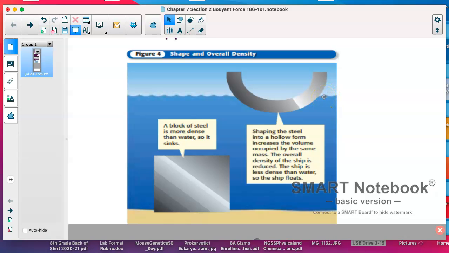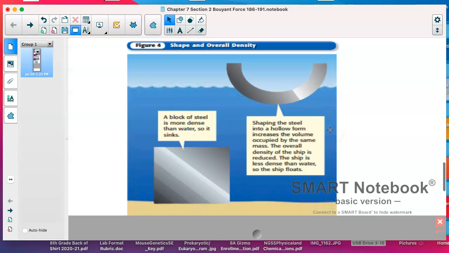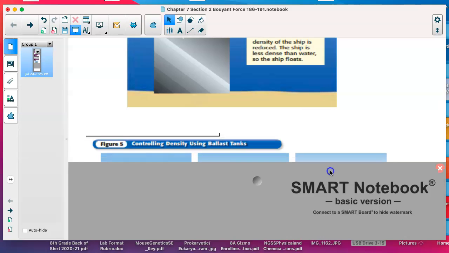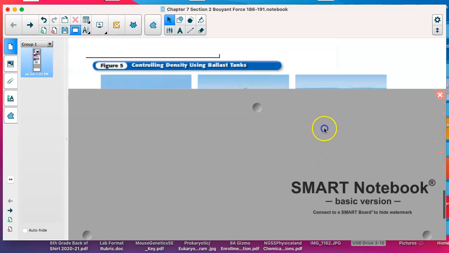So you're going to end up making it less dense, less mass per unit of volume than this condensed steel block here. So you're going to see the steel block sink because it's more dense. If you hollow this out, you have less dense, even though it's the same mass, and you displace more water, and therefore it will, in fact, float. So they're just showing you an example of that. These are important things to keep in mind. It's not just weight, it's also density.